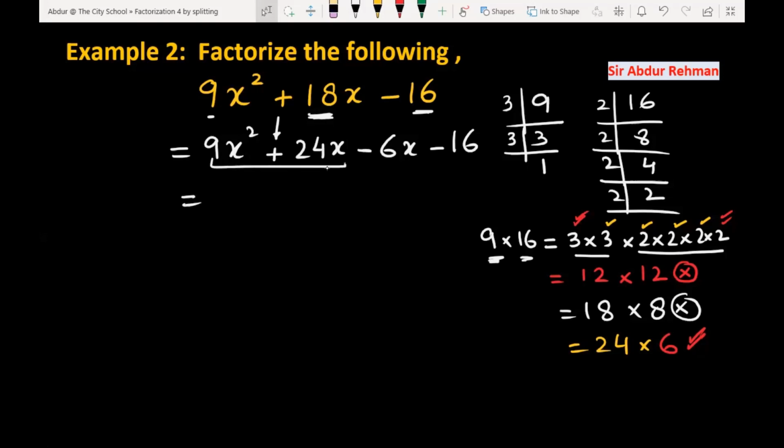Now by grouping, 9 and 24 are divisible by 3 here. So 3 is common, and x squared and x, so x is common for the variable.